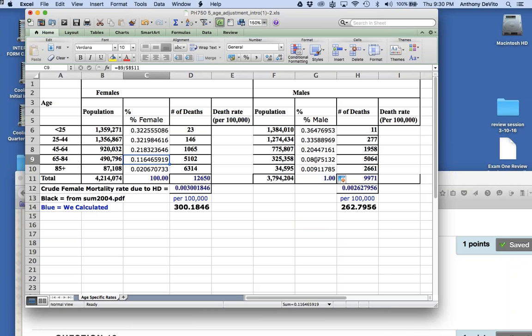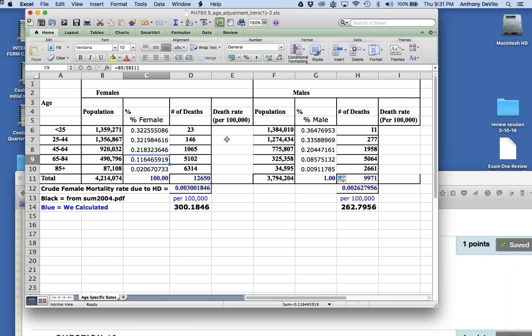But for males, it's 8.5 and 1, so 0.09. Only about 9 or 10% of the population is over 65 for males. So there's a lot more older women in this population than there are older men.